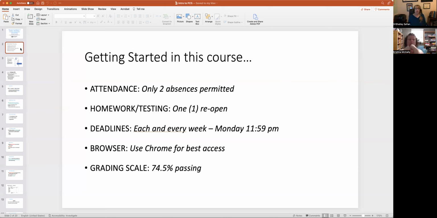And that also aligns with the national certification exam. Well, one of them is 75 to pass. The other one is 70 to pass. But the point is that that's it. And I don't want you to be skating that line either.